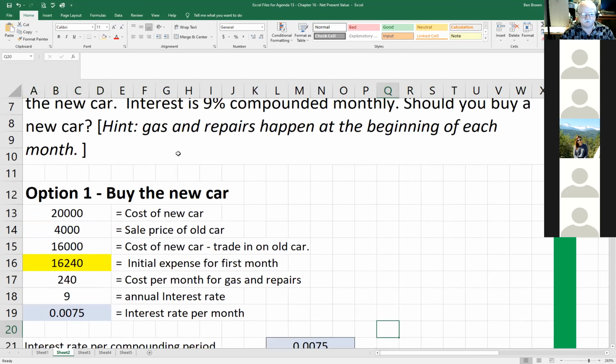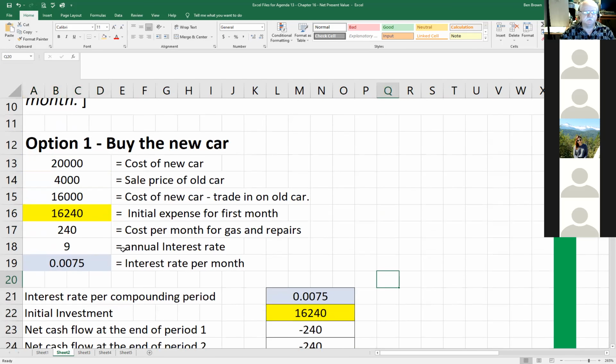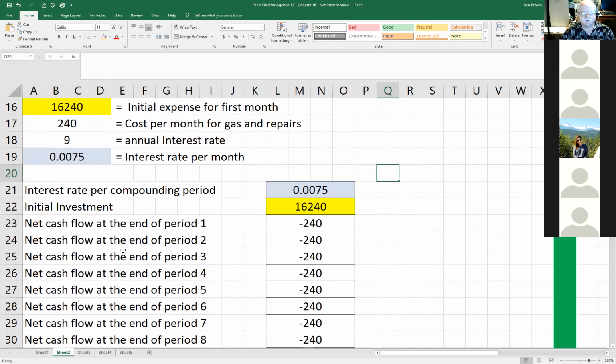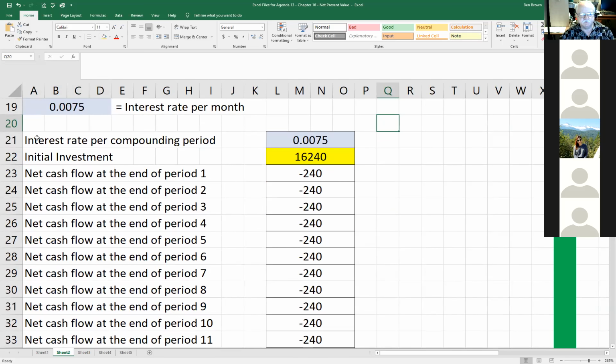So having sorted out those important numbers, then we can look at the net present value spreadsheet. The first thing that goes in here is the interest rate, but it's the interest rate per compounding period. So it's the 9% divided by 12.